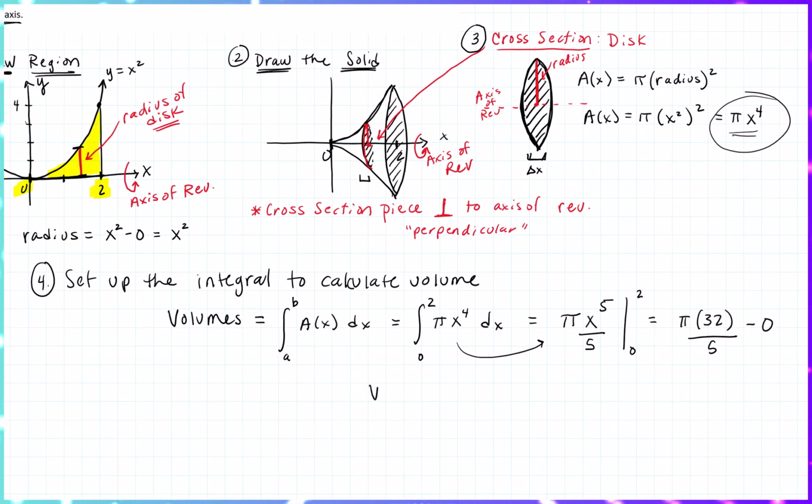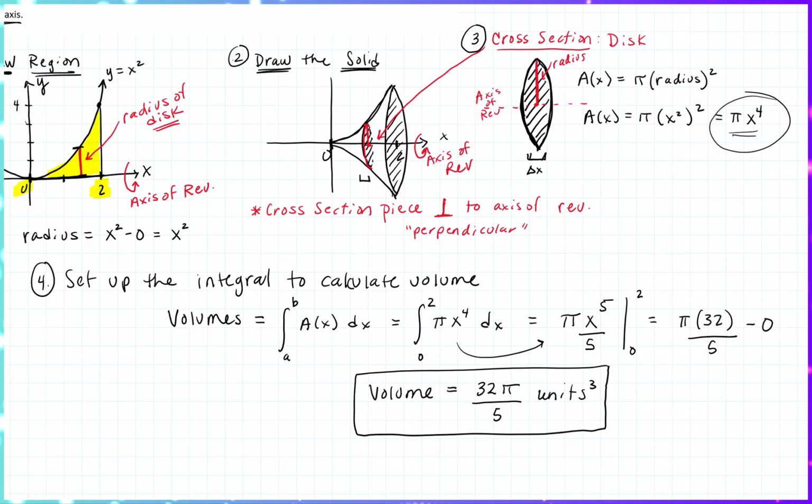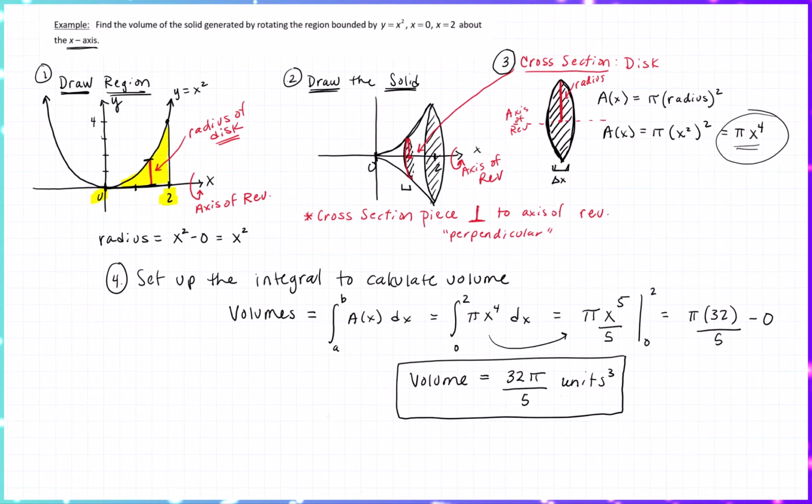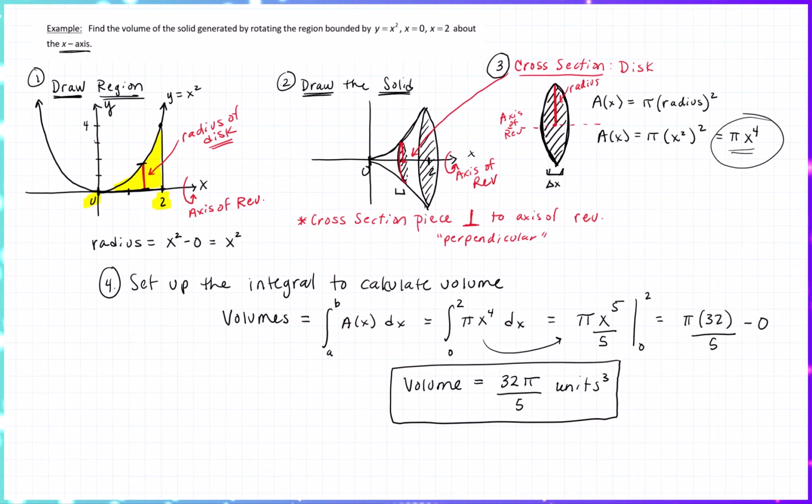And so the volume of this solid is going to be 32 pi over 5 units cubed. And that is the volume of the solid of revolution using this process that we're going to follow for solids of revolution. I'm going to summarize it on the next page, but I did just put it all here in the steps as well.